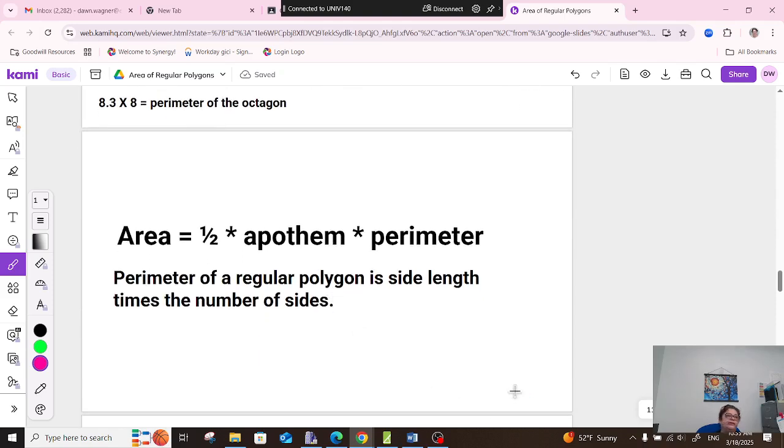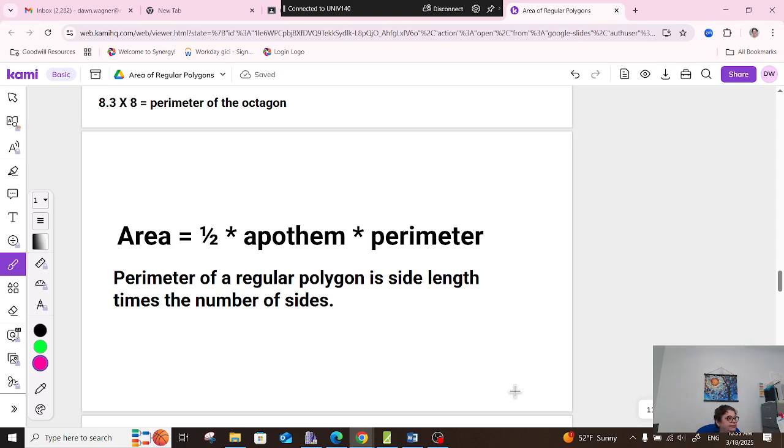So area is equal to 1/2. What decimal can I use for a half? 0.5. Apothem times perimeter. And look beneath that. What's the definition of a perimeter?